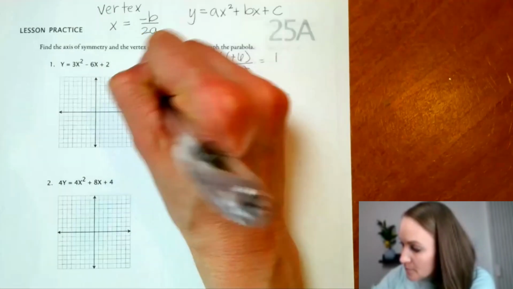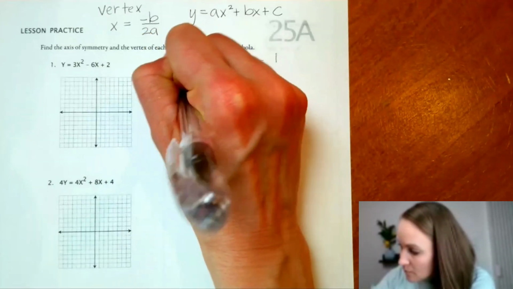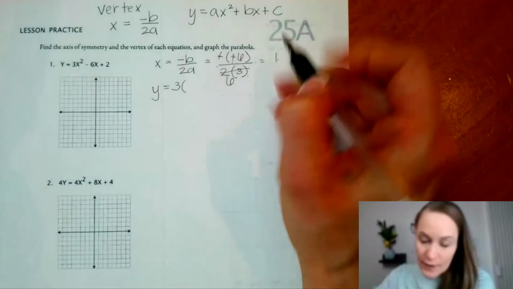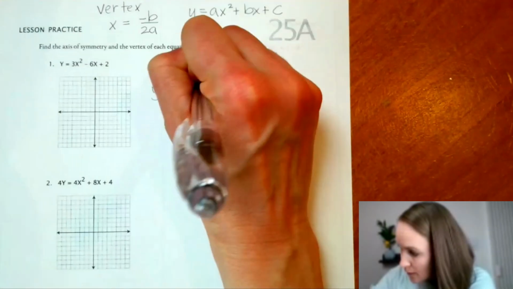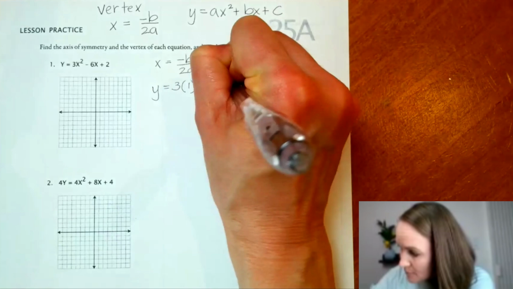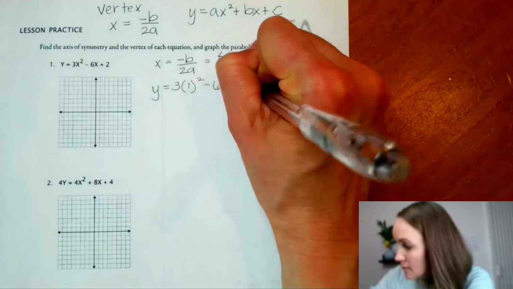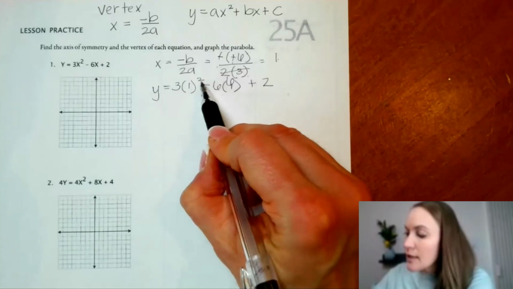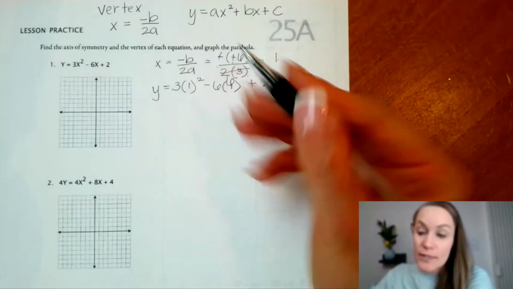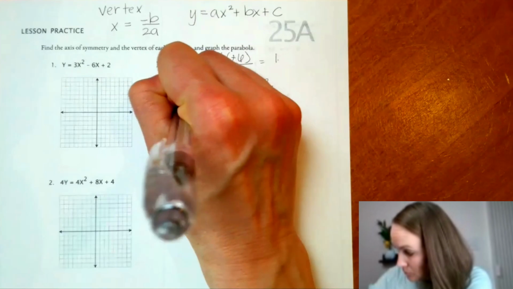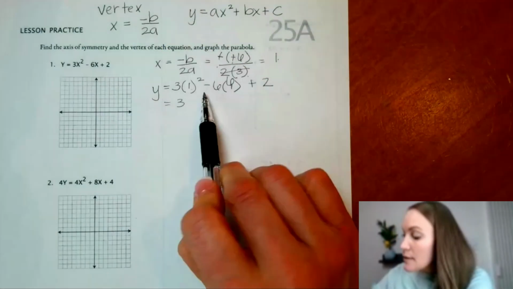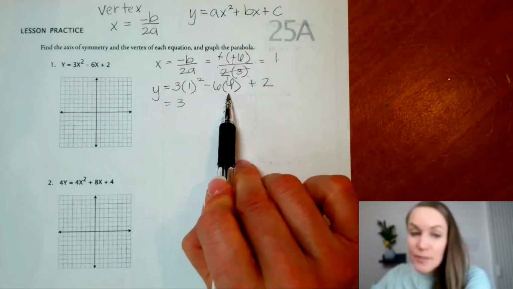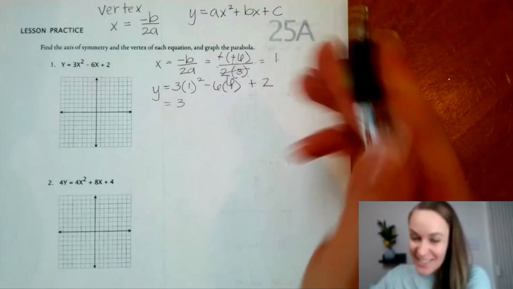So y equals 3. We plug in our x value, 1 squared minus 6 times 1 plus 2. 1 squared is 1 times 3 is 3. -6 times 1 is still -6.